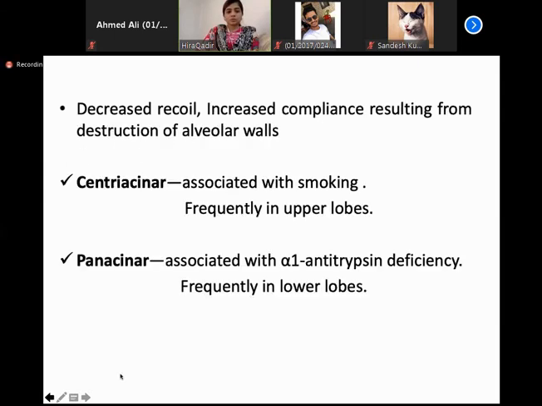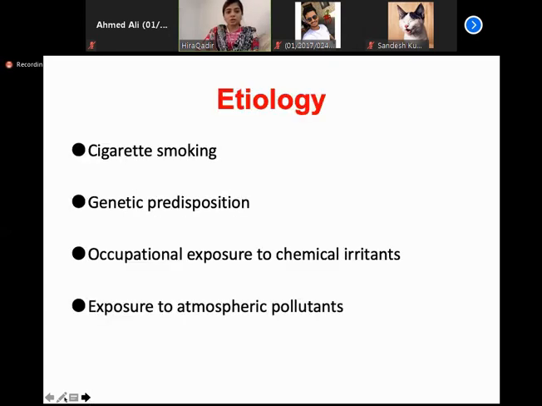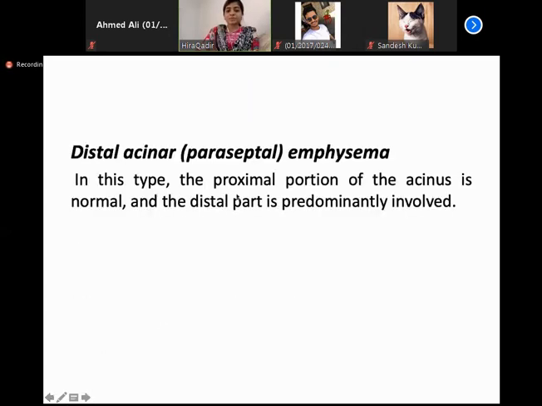So centriacinar and panacinar are based on the anatomical location, which part of the acinus, which part of the alveoli, which part of the lung is involved. And distal means paraseptal, where the proximal portion of the acinus is spared and the distal part is predominantly involved.